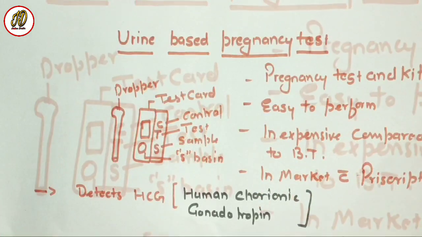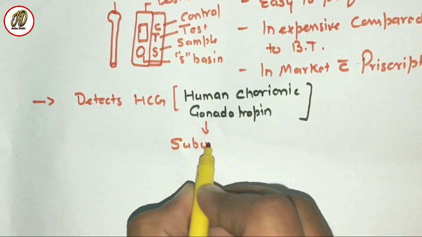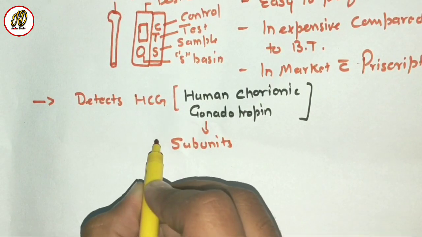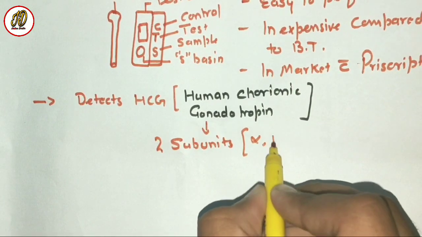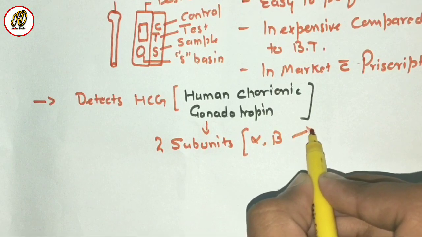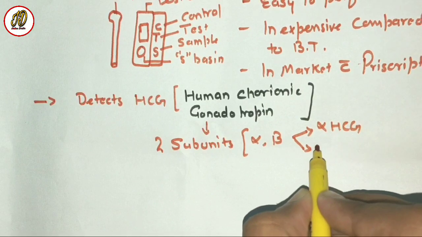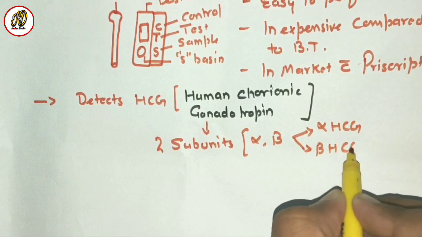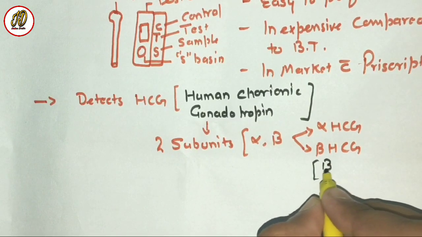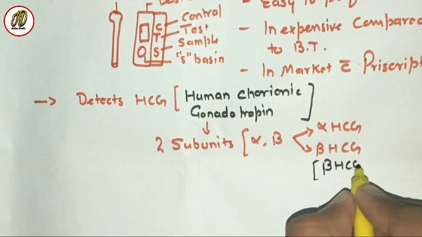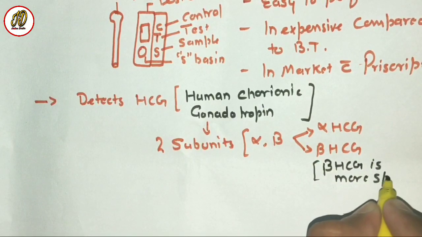Human chorionic gonadotropin is made up of two subunits. These subunits are alpha and beta, known as alpha HCG and beta HCG, out of which beta HCG is more specific.